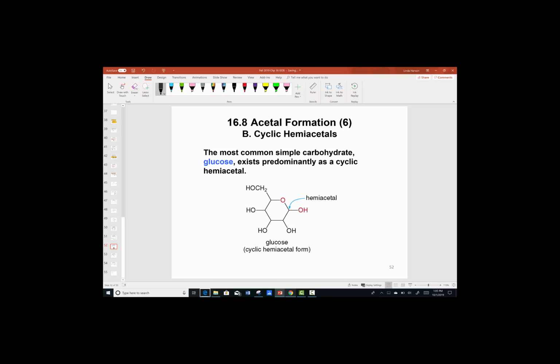We bring this up to kind of just simply tie in carbohydrate chemistry coming up in a few short chapters away. One of the most common or simple carbohydrates is called glucose, and it's predominantly existing as a cyclic structure. And we can see here that it has a carbon attached to an OH, attached to an OR group.